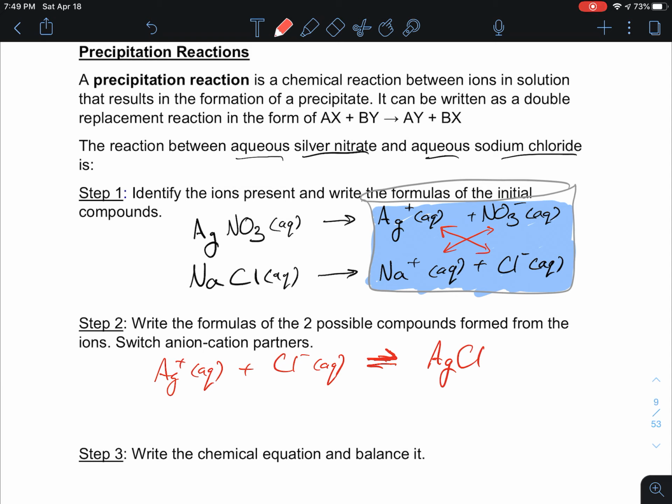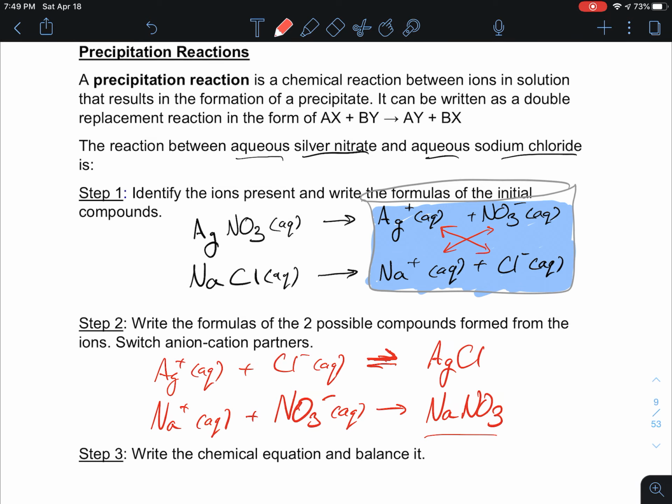We also could make Na+ aqueous plus NO3- aqueous, and that would give us NaNO3. We want to do this because sometimes writing these ionic compounds can be a little tricky.